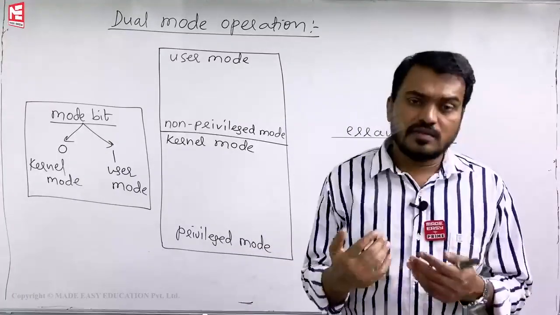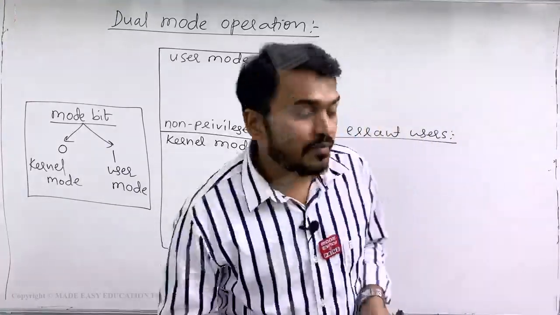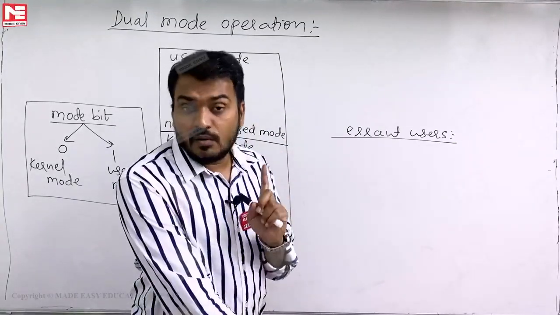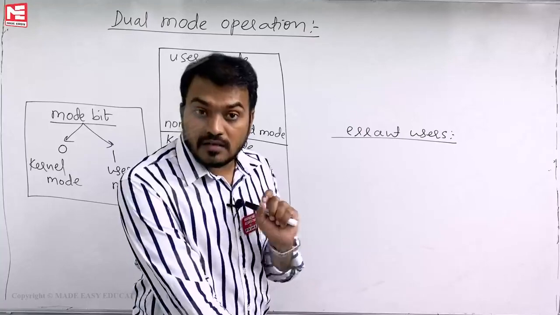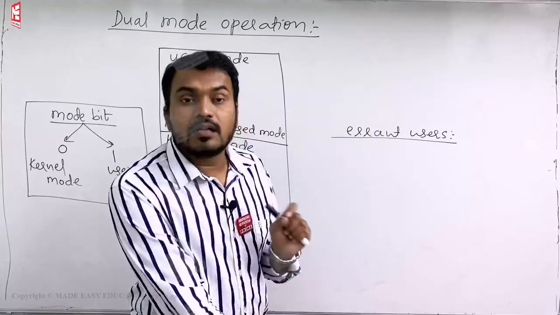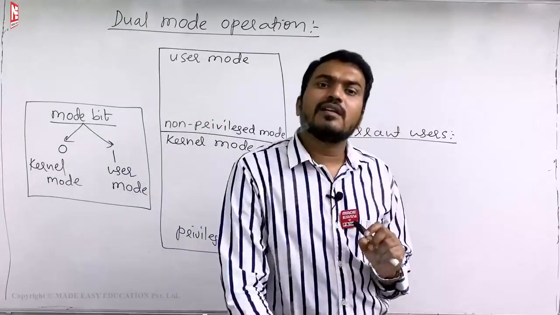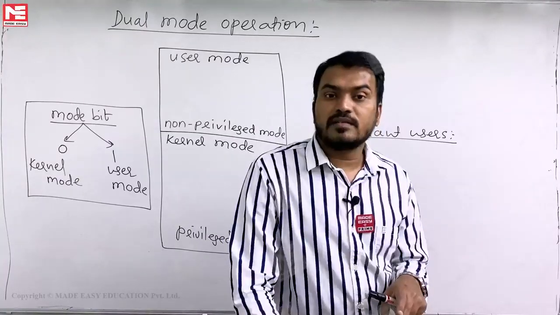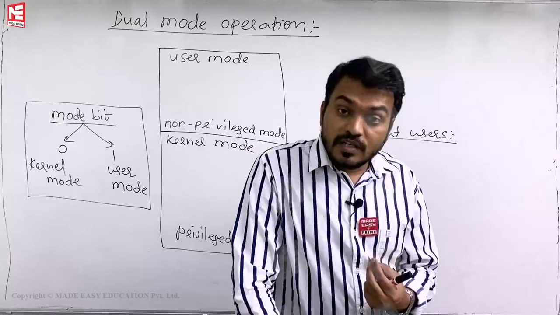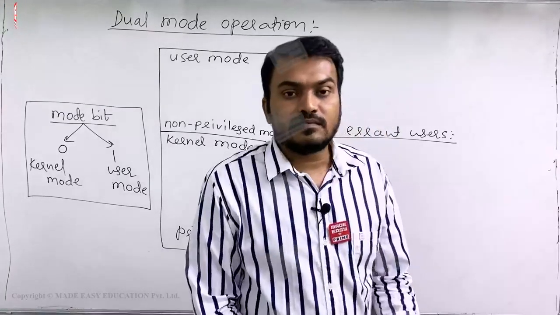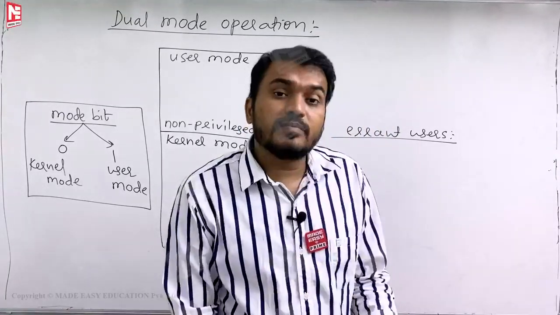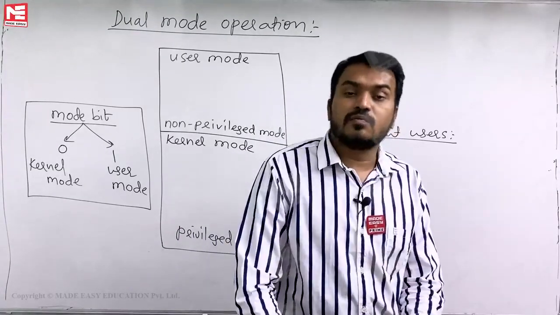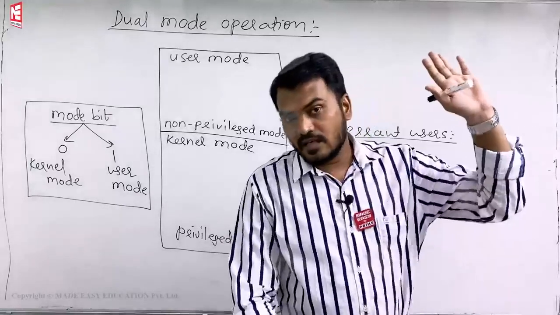And next important point, remember, operating system always runs only in the kernel mode. All the instructions of the operating system are considered to be privileged and they will execute only in the kernel mode. Is it clear for everyone?